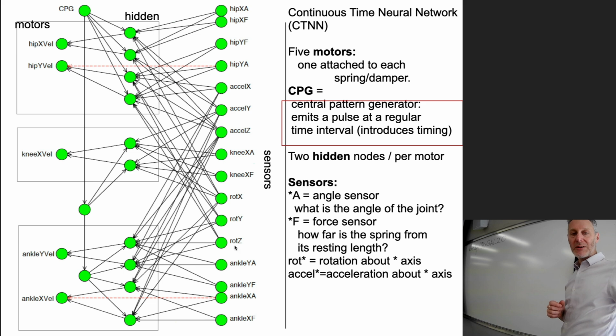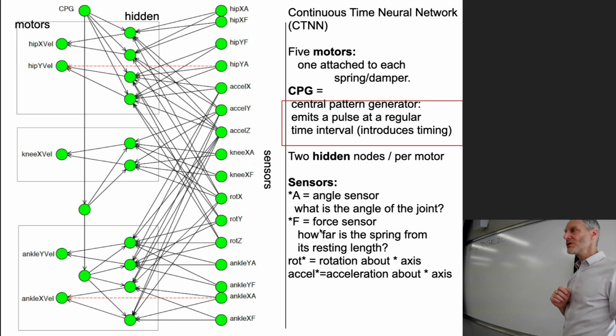I want you to just scan from top to bottom and just pay attention to the rightmost letter. You'll notice there's a whole bunch of A's and F's. A we've seen before. These are angle sensors, otherwise known as proprioceptive sensors. The angle sensor neurons are outputting the current angle of the joint. And F we have not seen before.